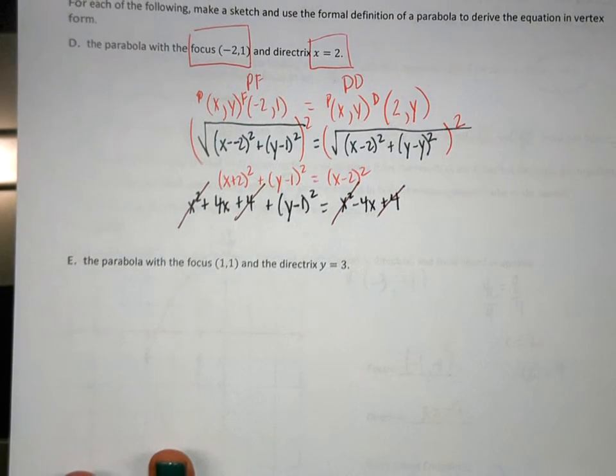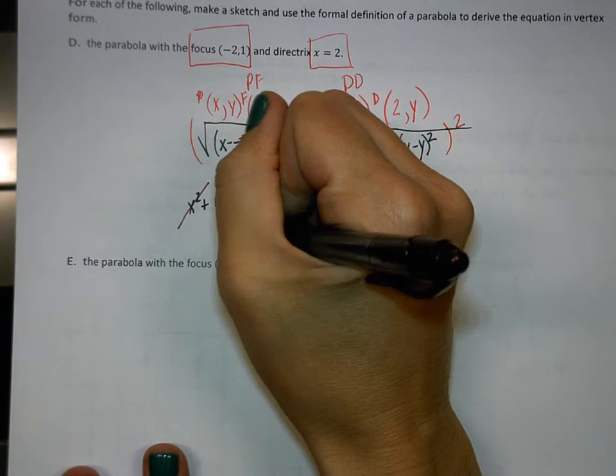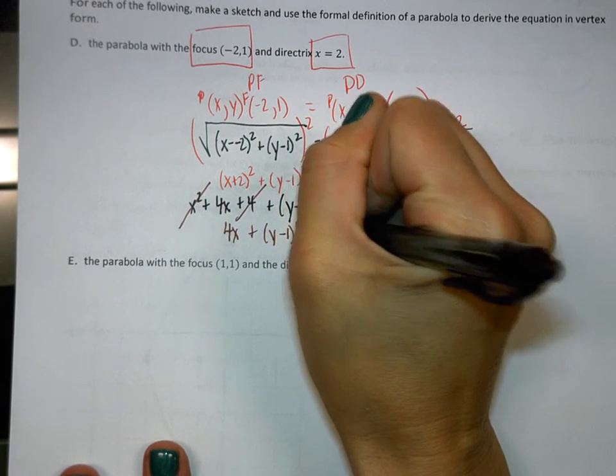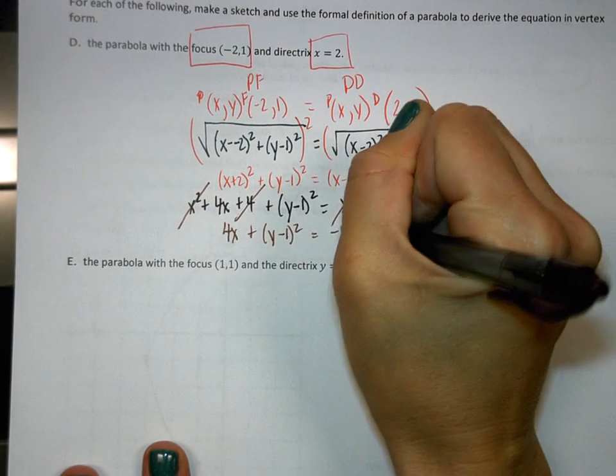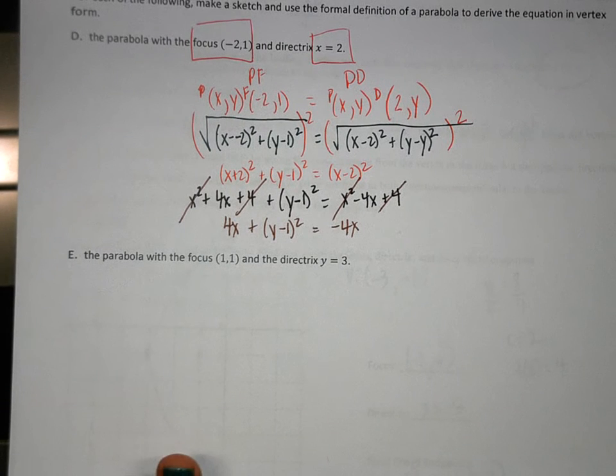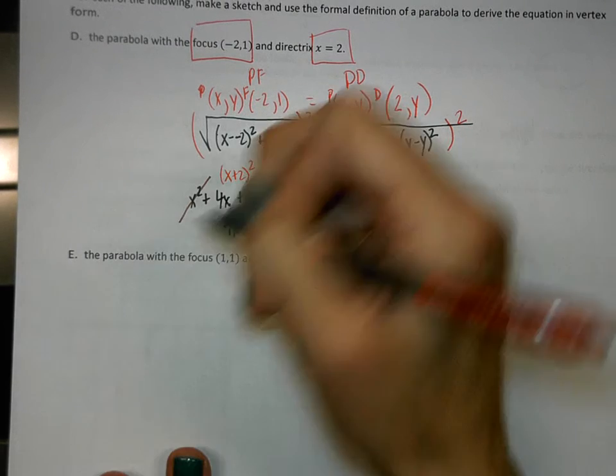And so right now I have 4x plus (y - 1) squared equals negative 4x. What would I do now? Subtract 4x. Oh yeah, subtract 4x is right, sorry.